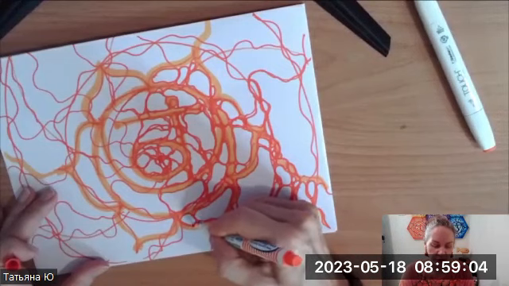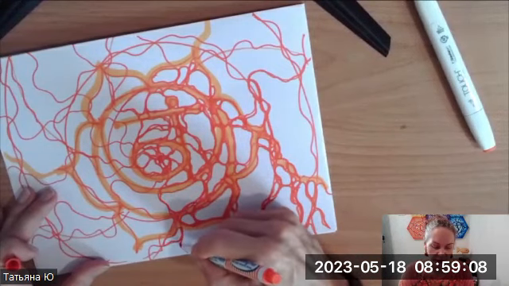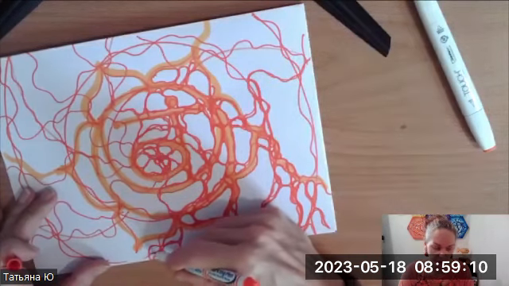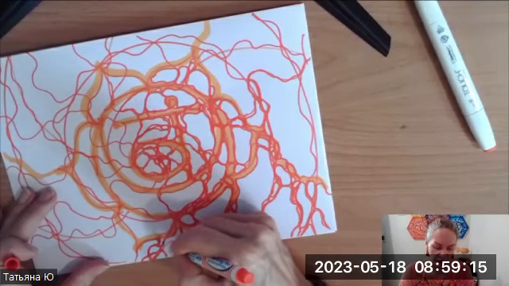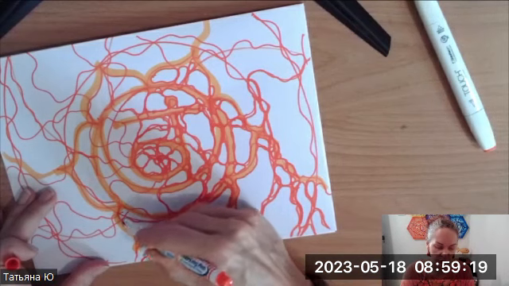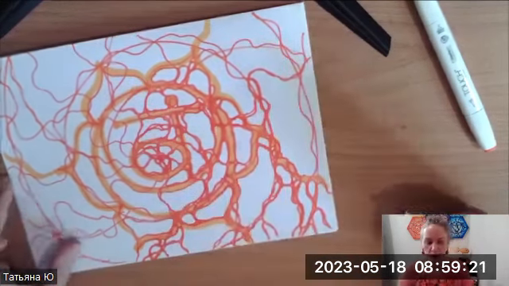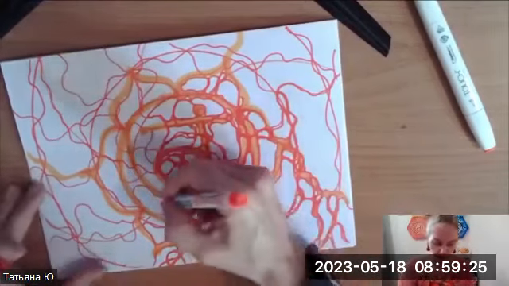Only light, like white, can change something, but other colors cannot change anything there because they are the darkest ones and very close to black. Yeah, so we start to draw.